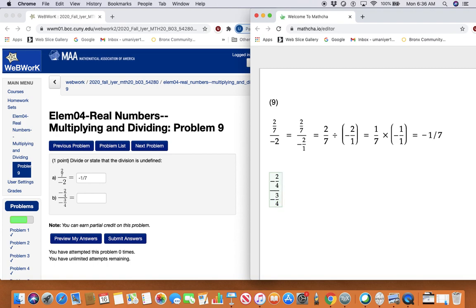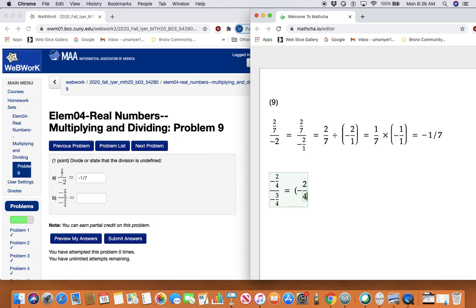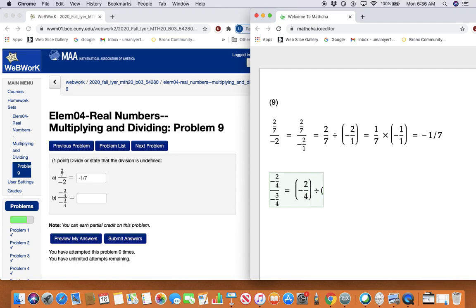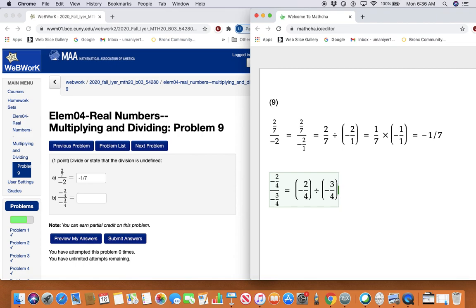Okay. So this is numerator divided by denominator. Okay. Division by a fraction is multiplication by the reciprocal.